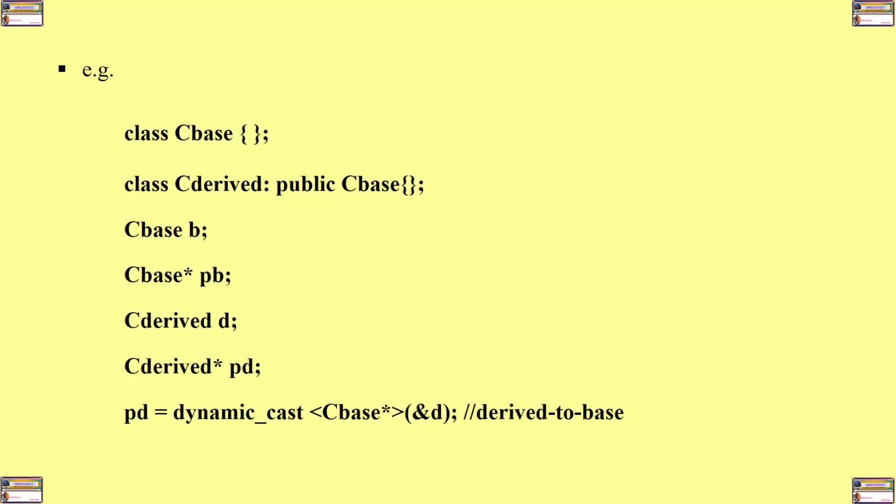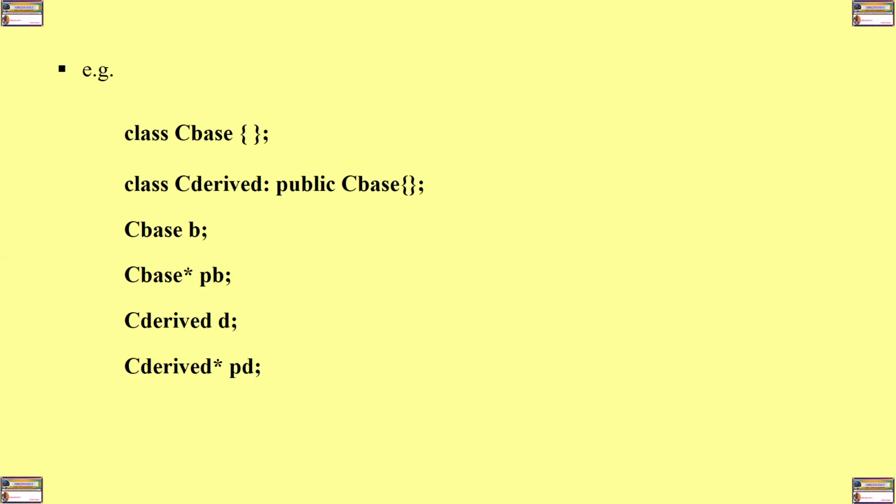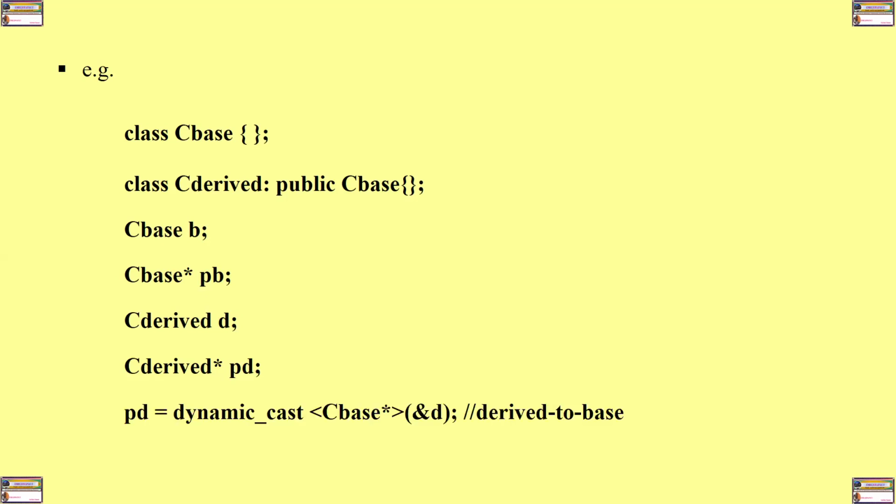From there, we can have the derived class converted to the base class, coded as follows. So we have the reference operator on D, or the memory address of D. And then we have, as you can see, a pointer to CBase. The dynamic_cast to CBase is applied, and once it has been typecast, the result is assigned to PD.